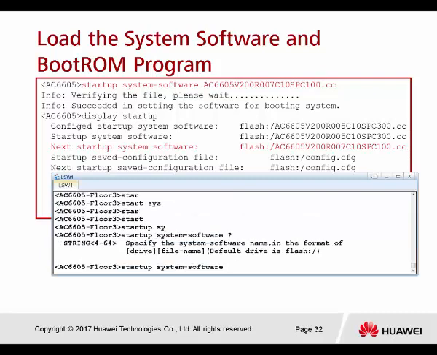You have to put in the right name of what you downloaded. For example, I already downloaded the system software from the Huawei support website, and you need to follow the keyword exactly, .cc. After you do this, the next startup system software will be the same as the file name that you typed in just now.